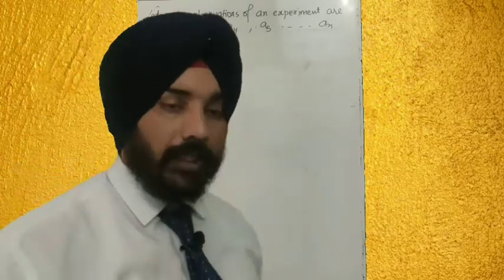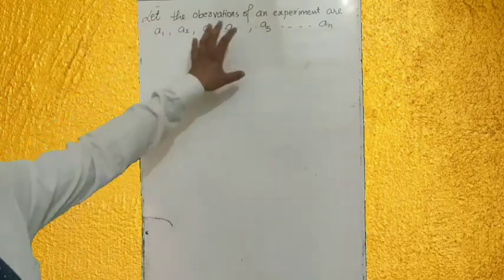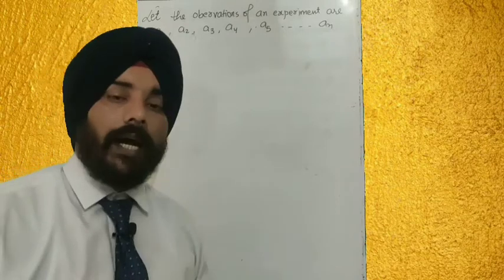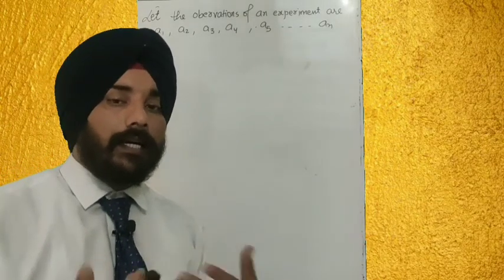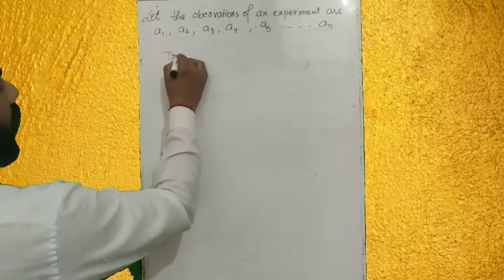N observations of an experiment we have taken. After taking these observations, to remove the random error, we have to find the arithmetic mean as I explained. So what will be the true value?